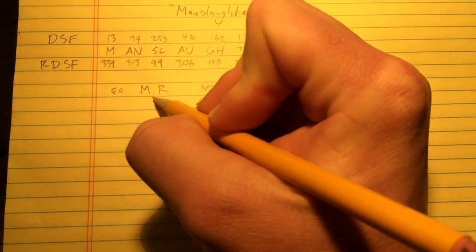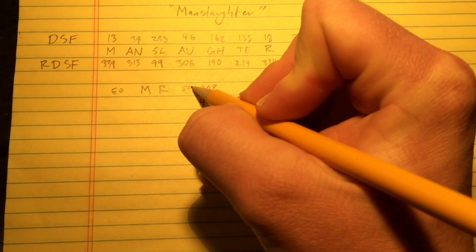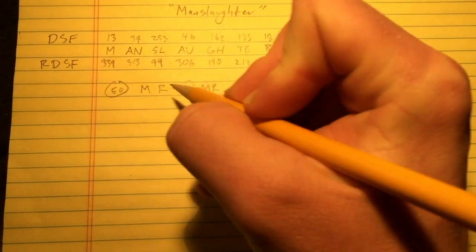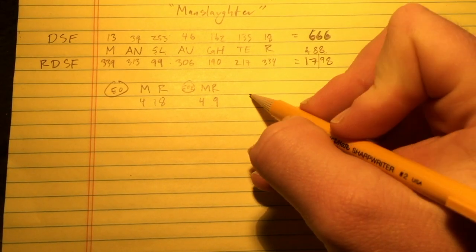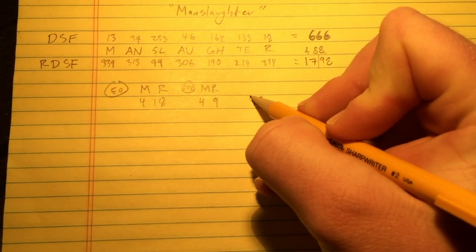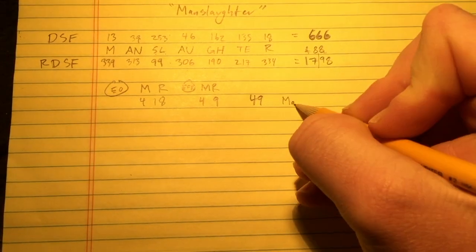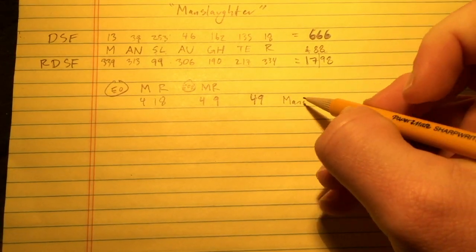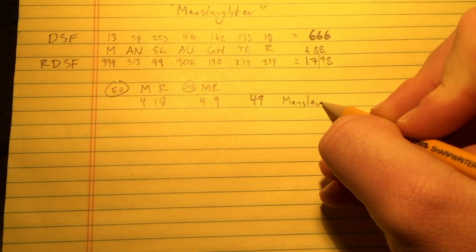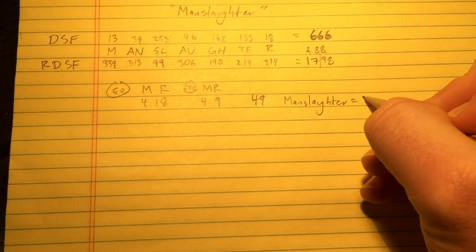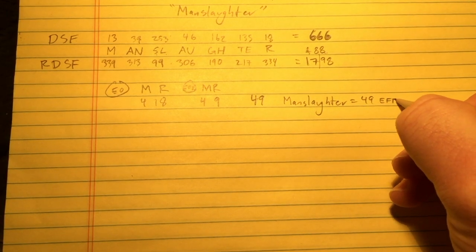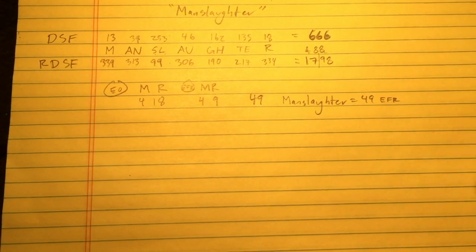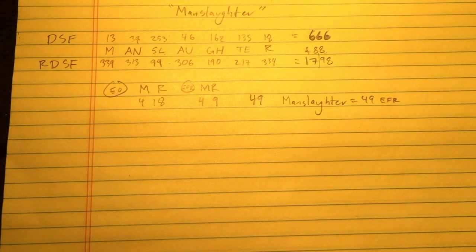So here is the English Ordinal, and here is English Full Reduction. So 49 is a special number. Manslaughter equals 49 in English Full Reduction Gematria. And I encourage you to just go onto Gematrinator and look that up yourself.